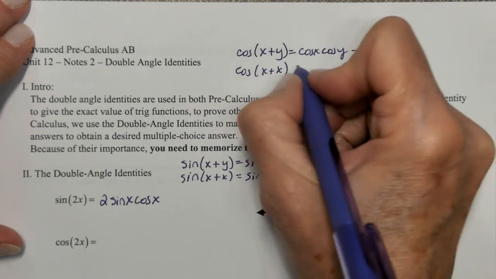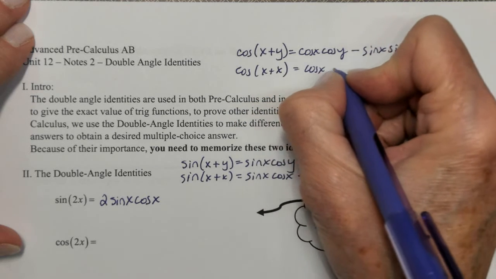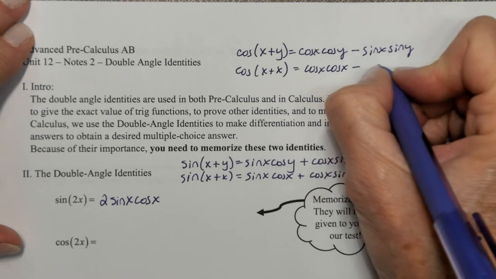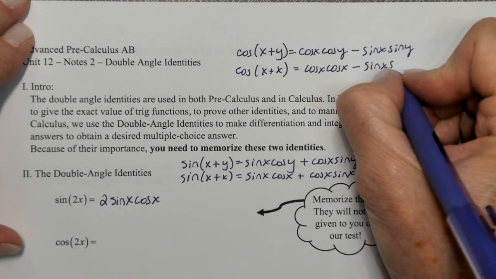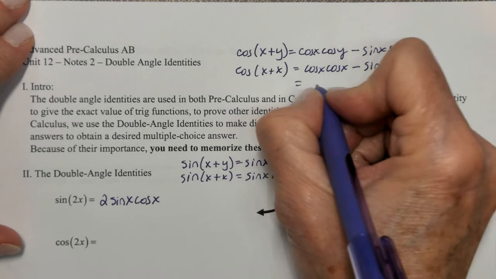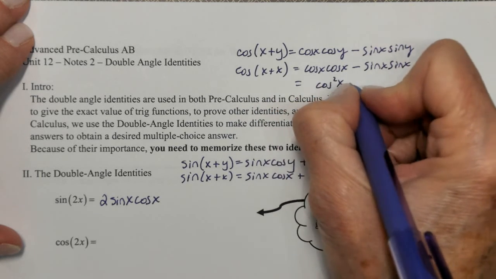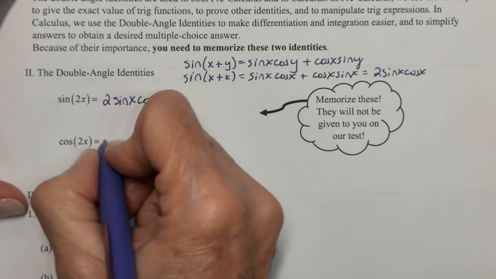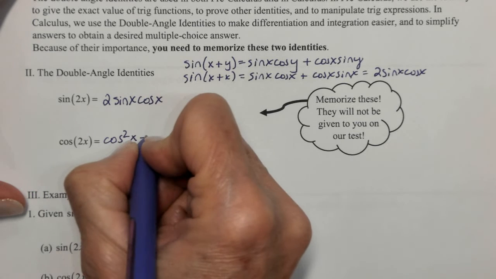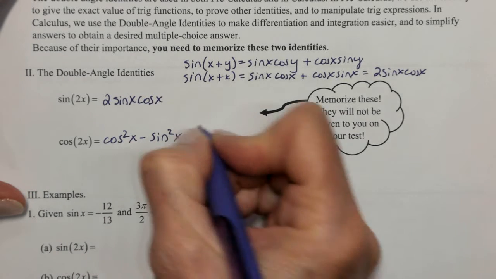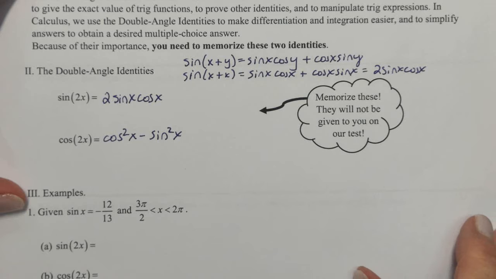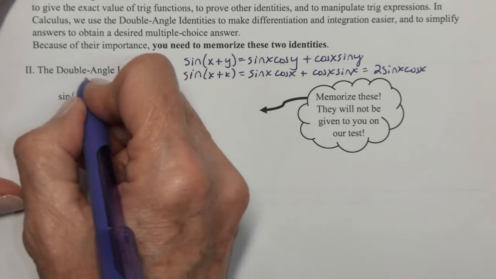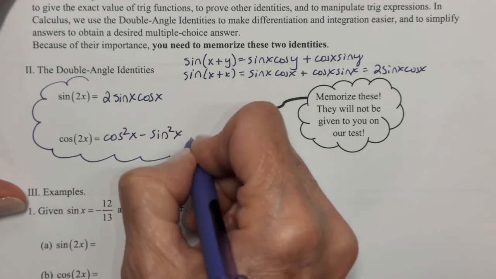Cosine x plus x would be cosine x cosine x minus sine x sine x, which is cosine squared x minus sine squared x. And that is the identity for cosine of 2x. Okay? So these we'll memorize.